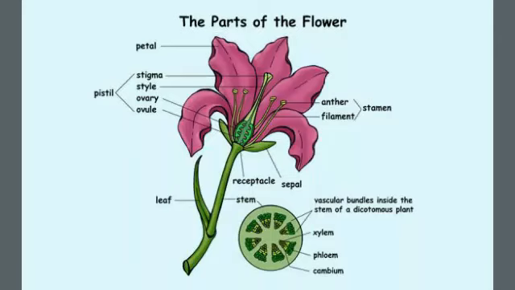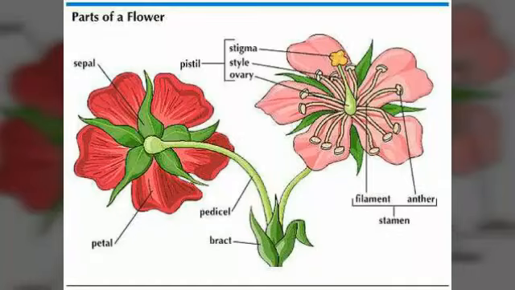The outermost whorl of the flower is called the calyx. The second whorl is called the corolla, the third is called the androecium, and the fourth is called the gynoecium.